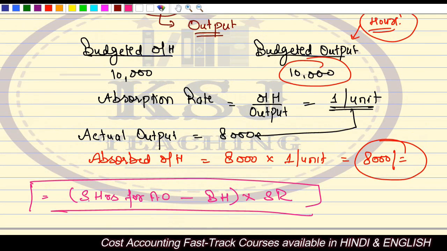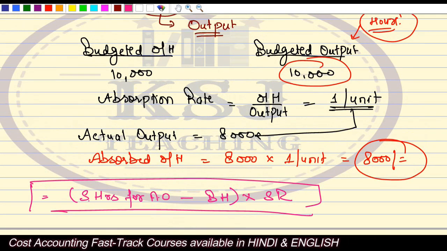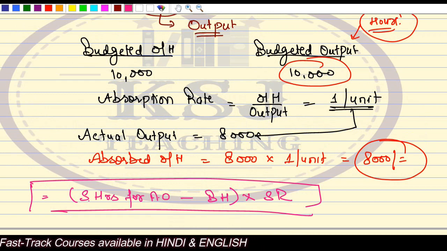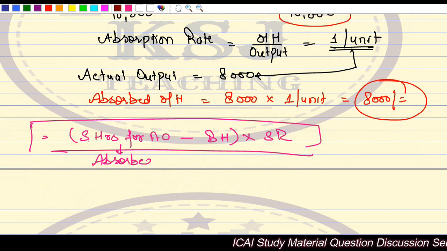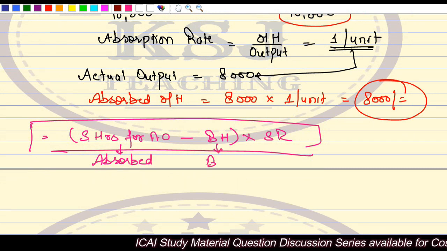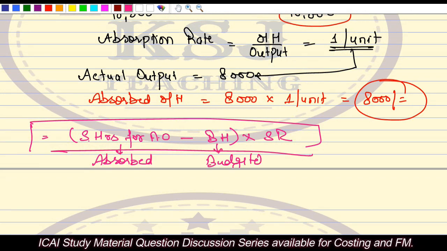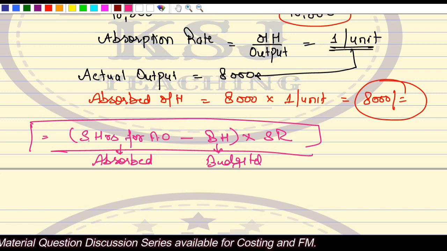What you originally planned for is budgeted hours, and for the actual output, what you have gained, this is absorbed. This is absorbed overheads minus budgeted overheads multiplied by standard rate.